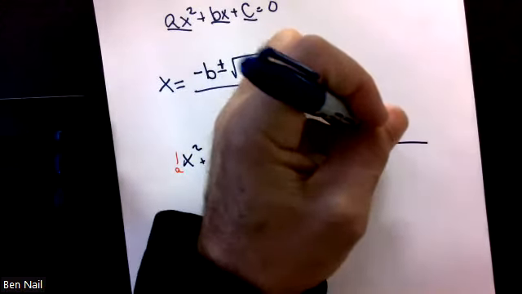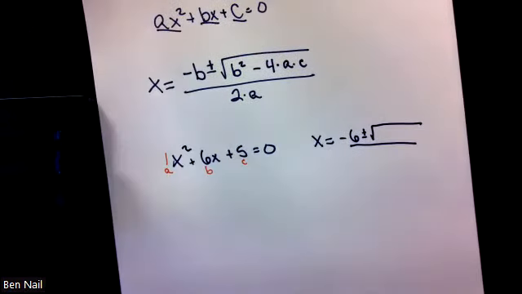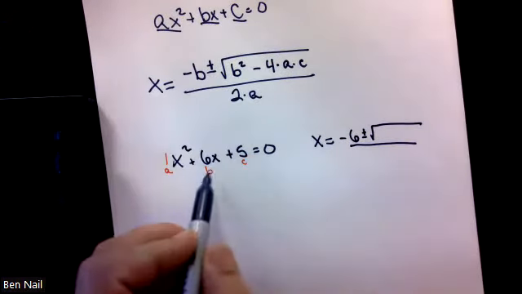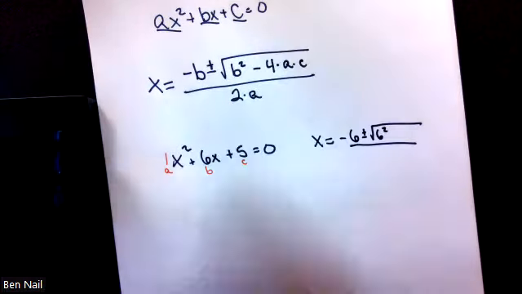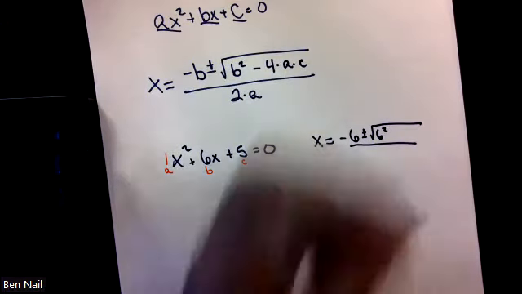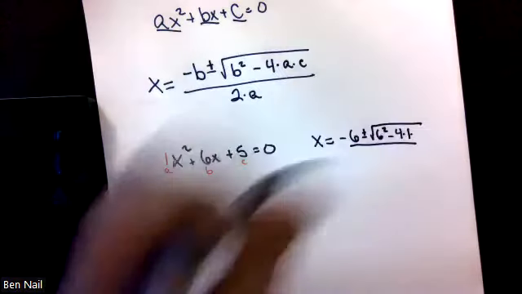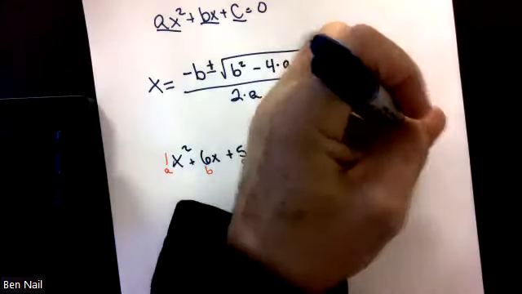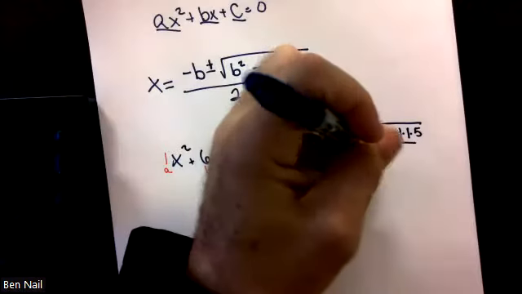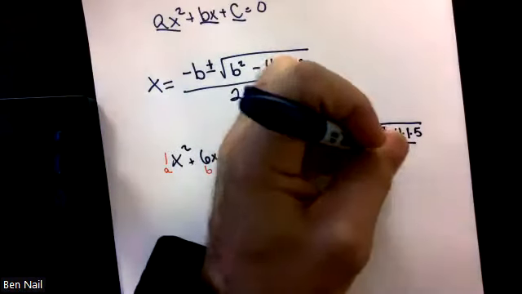6 plus or minus the square root of b squared, so that's going to be 6 squared minus 4 times a times c, all over 2 times a.